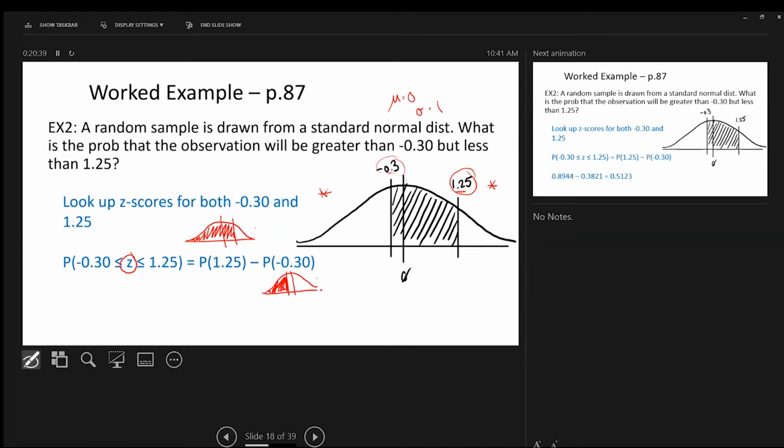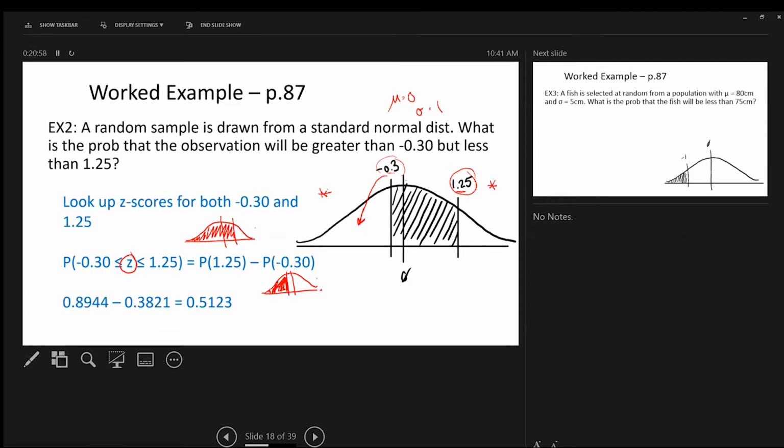We're getting rid of this portion here, right? Because this white part here is the probability that the table gives us for negative 0.3. So we're subtracting that from the total probability of 1.25. And that then gives us the probability in between them. 0.5123 is the probability that an observation will be greater than negative 0.3 and less than 1.25.